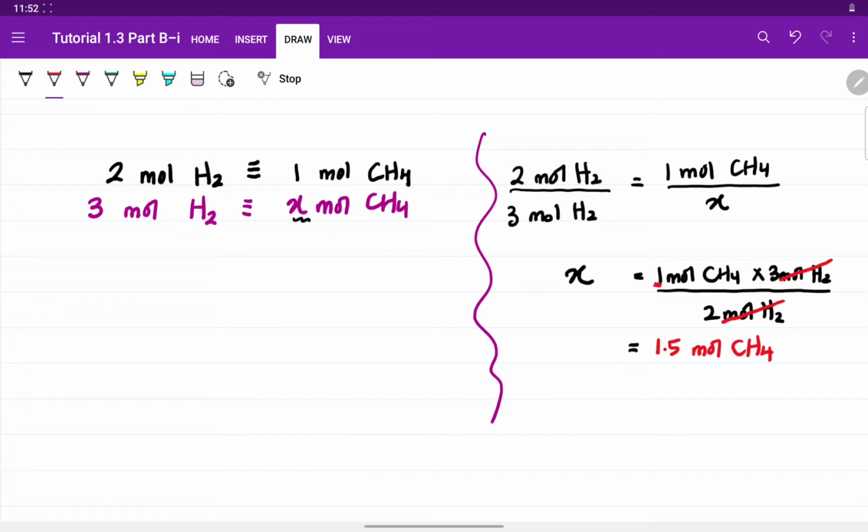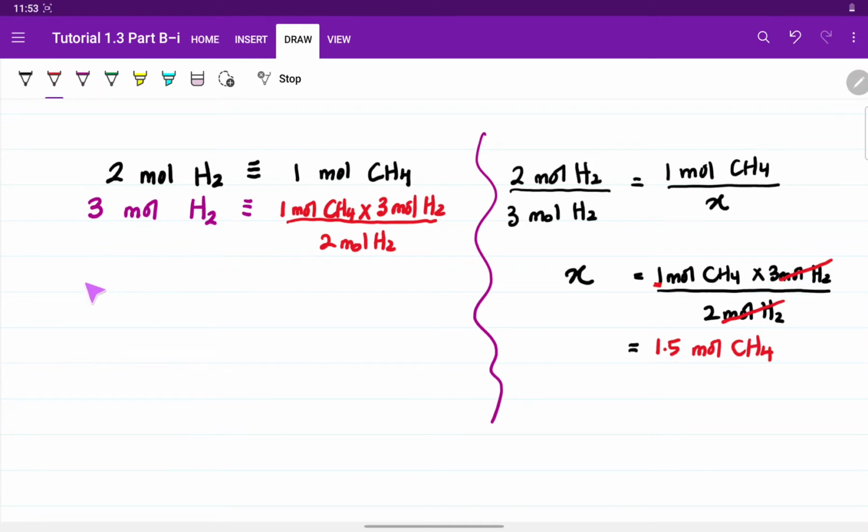Jadi, when you are doing your stoichiometry calculation, dekat bahagian sini, saya tak nak awak letak sebagai X. Awak terus masukkan ni, jalan kira yang ada dekat sini. Meaning, you will write down 1 mole CH4 times 3 mole H2 over 2 mole H2, yang mana nanti awak akan dapat jawapan dia sebagai 1.5 mol CH4.